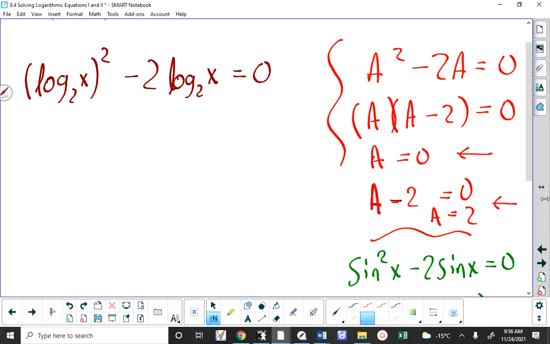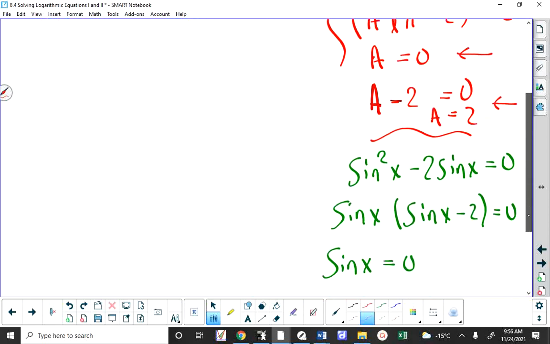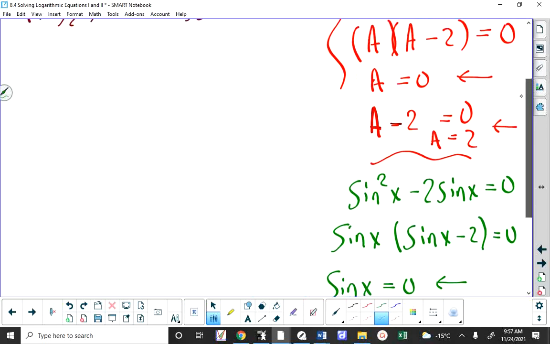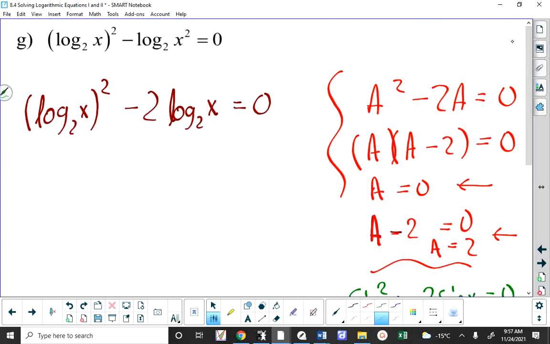You've solved for a. If you had a trigonometric equation that was quadratic, when you get to this point, here and here, you're not done. You have more work to do to find x, right? You've got to unravel the sines, or the trig in general. So how do we transfer that kind of strategy to this? We say there's a common factor of log base 2 of x here. And if I factor log base 2 of x out of log base 2 of x quantity squared, I'm left with log base 2 of x.